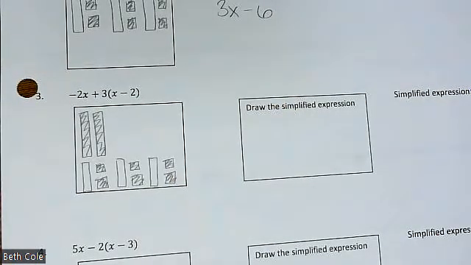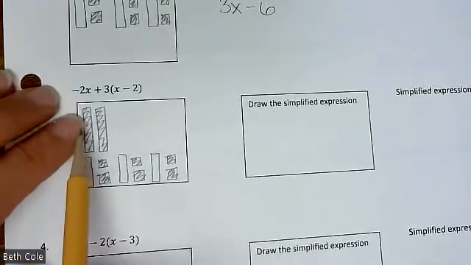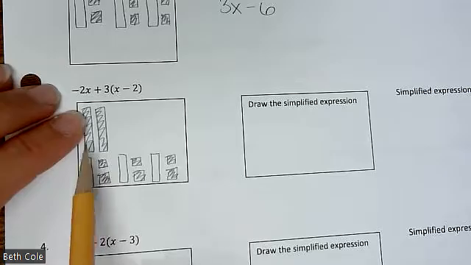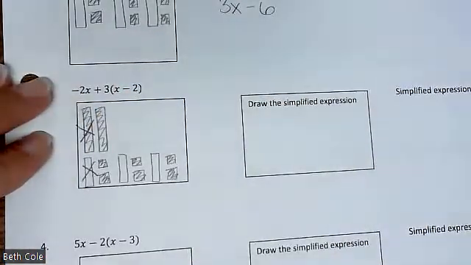And it doesn't need to look perfect. Mine's just like a little scribble. You just need to be able to tell what's a rectangle and what's a square. So when you go to draw the simplified one, what you're going to do is cancel out the positives and negatives. So just watch me point to this. Do you see how we have a negative x and then right here a positive x? So those are going to cancel. You can just x them out. Yay, that's good.